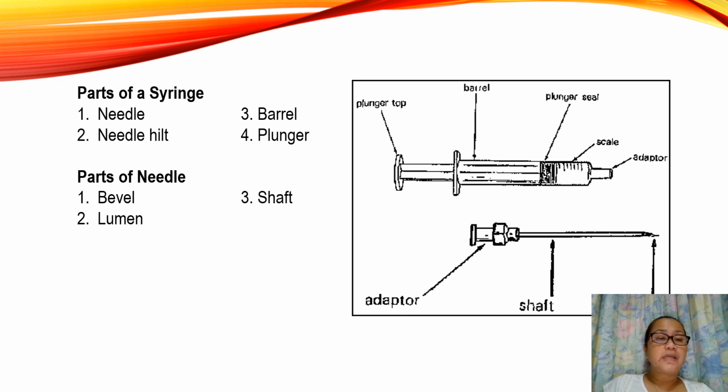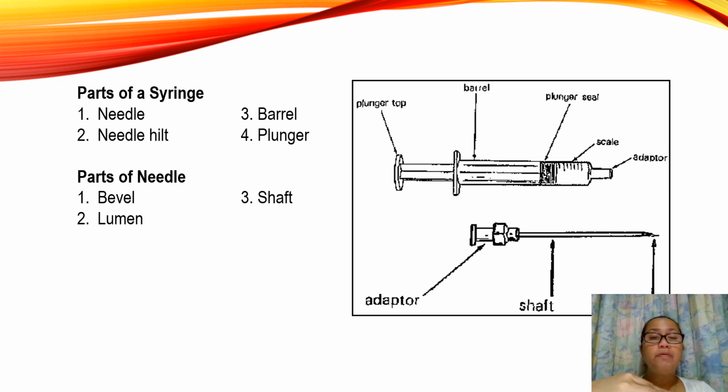And then parts of the syringe, we have needle hub, barrel, plunger. We have also parts of the needle: bevel, lumen, and shaft. We also have the adapter, yung connection po ng needle tsaka yung plunger. Adapter ang tawag doon. And the black one is your plunger seal.